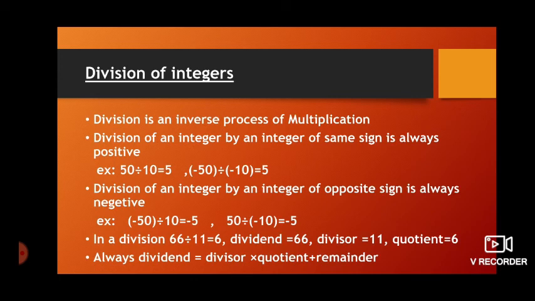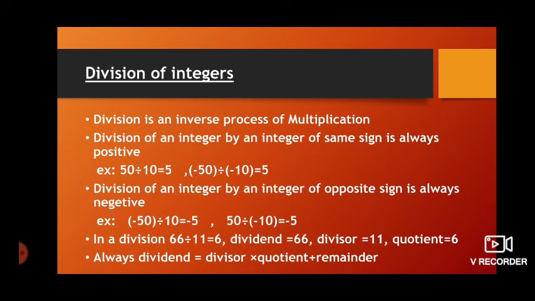Next, minus 50 divided by minus 10. Here also we can observe that both dividend minus 50 and divisor minus 10 are negative, the same sign. So the result is 5, and that means positive 5. As I told you already, if both integers have the same sign, even if they are negative, we will get a positive result.